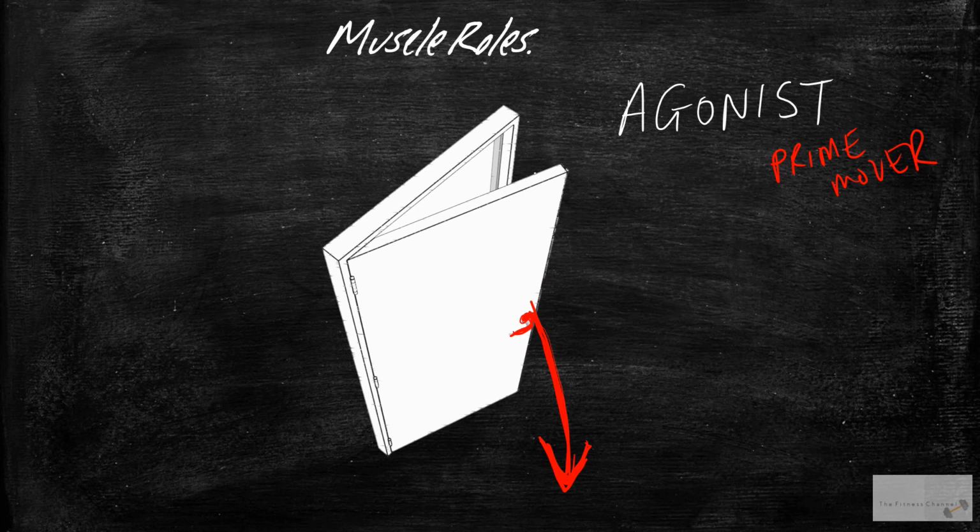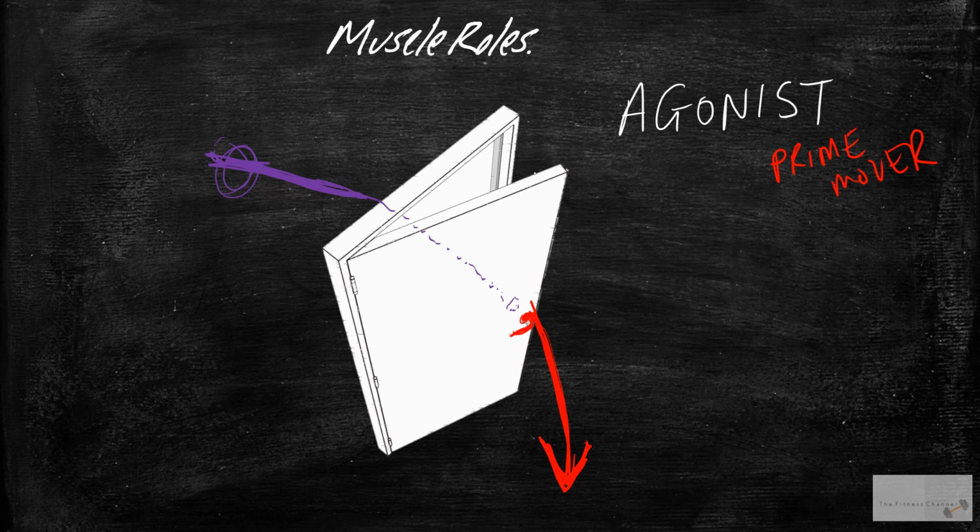But in this example, when that door opens, if you imagine we've got another muscle attached back here and going on the opposite side, what would this muscle have to do? It would have to relax to allow that door to open.